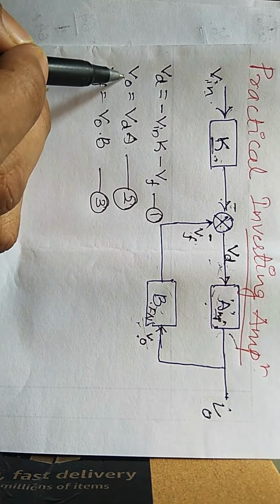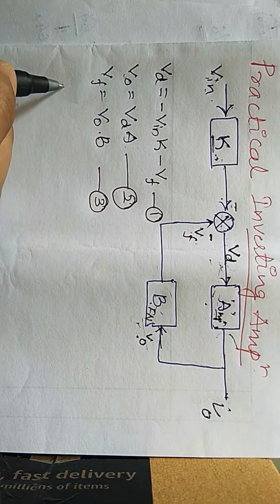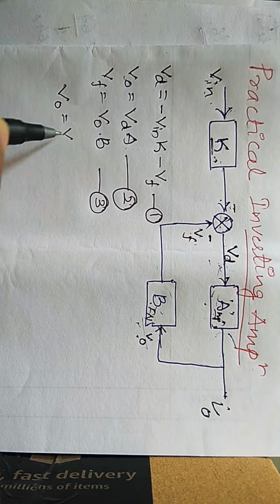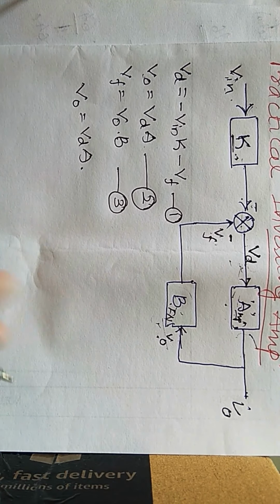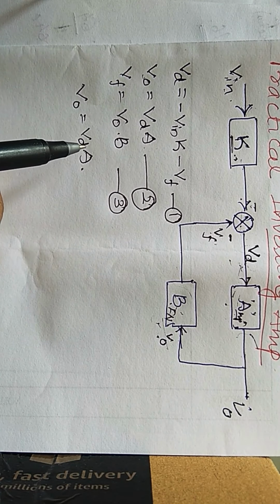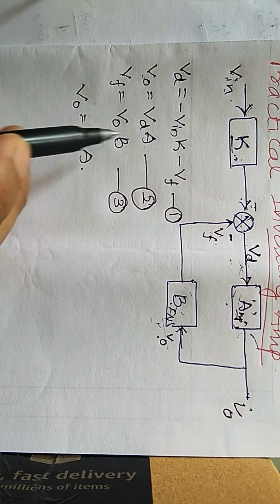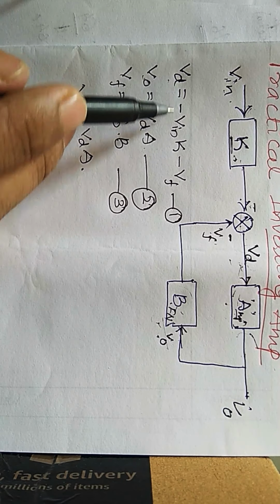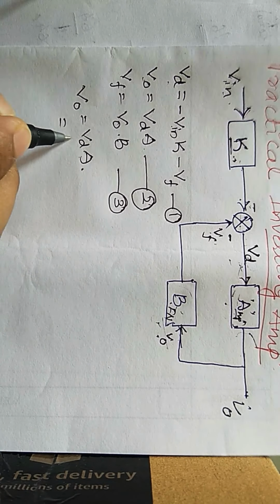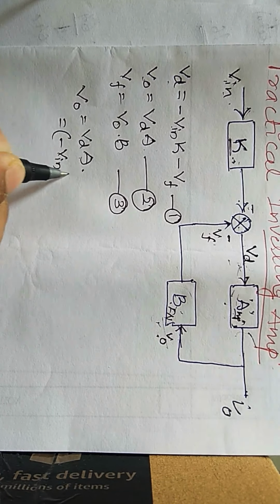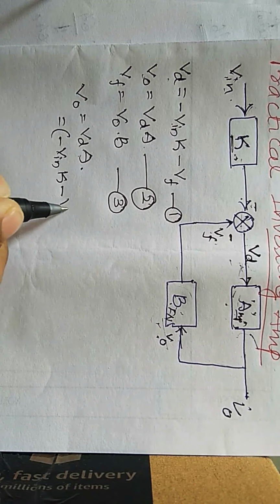We consider the second equation, V0 equals VD into A, right? So we know the value of V0 equals VD into A. VD is what? V in. Let me substitute equation number 1 here, that is minus V in K minus VF.